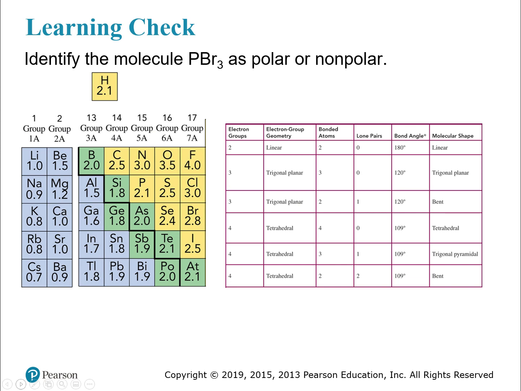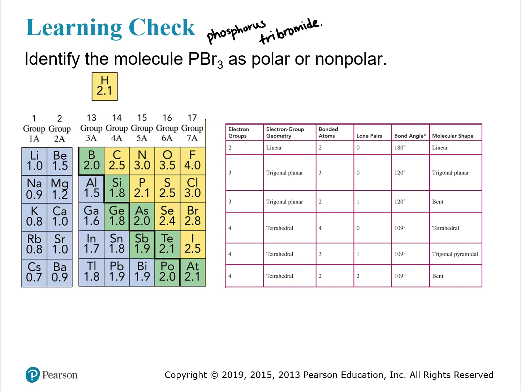One of the questions you're going to see on your exam is asking about the polarity of a molecule. In this example, we have PBr3, which we can name. It's phosphorus tribromide.